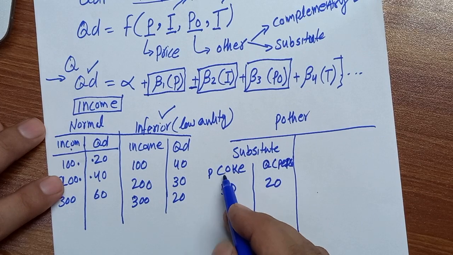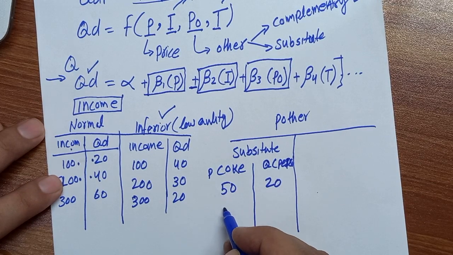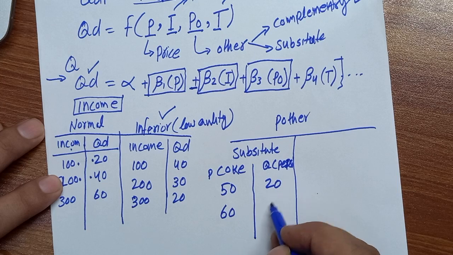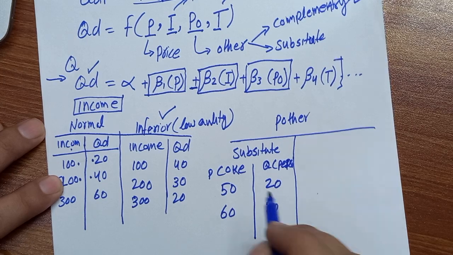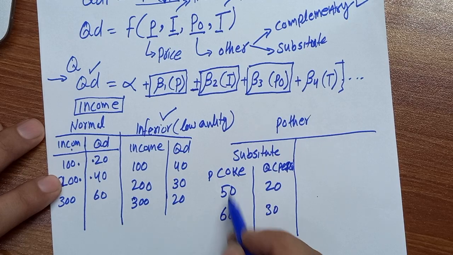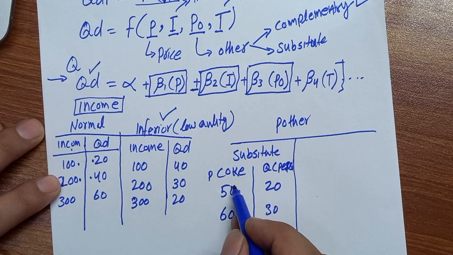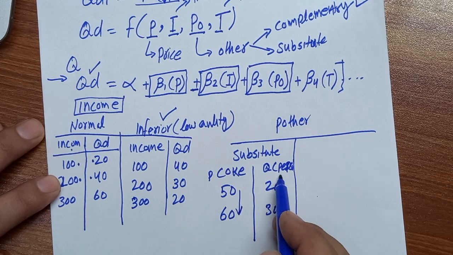If the price of the substitute increases, let's say its price is 60 now, the quantity of demand will also increase, because other people will not buy the Coke, because the price of the Coke increased from 50 to 60. Now people are coming and buying the Pepsi.